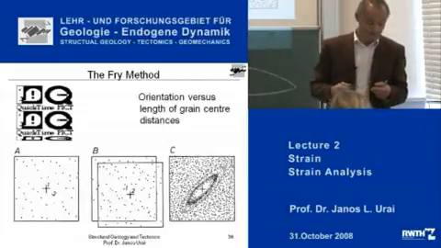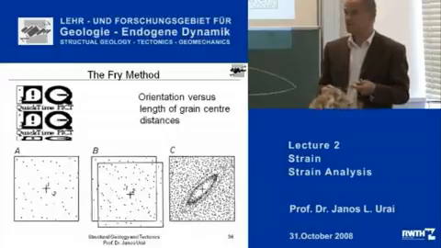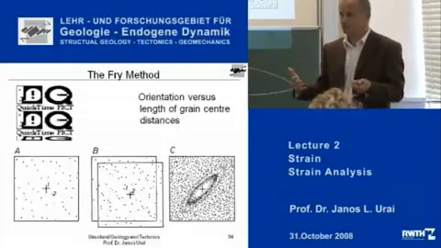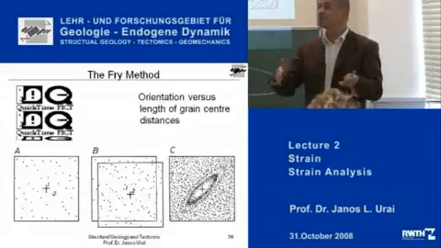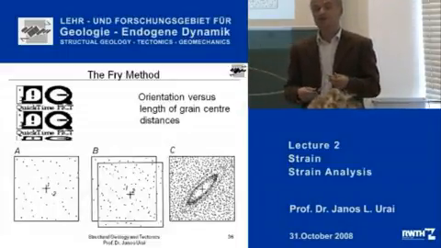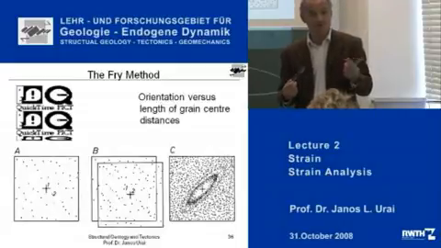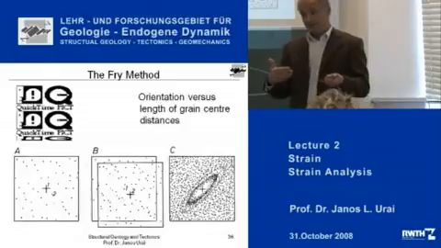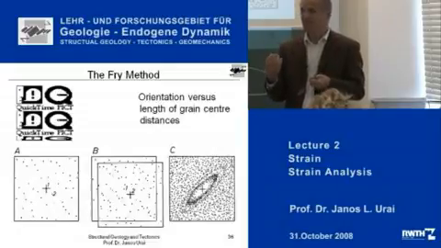And more or less like this, there are many other methods. There is a whole book full of strain analysis, and in fact, the book of Ramsay and Huber has a very extensive collection. The main point that you have to take home after this lecture is that when you look at deformed rocks, you have to keep your eyes open for objects that allow you to measure the strain.